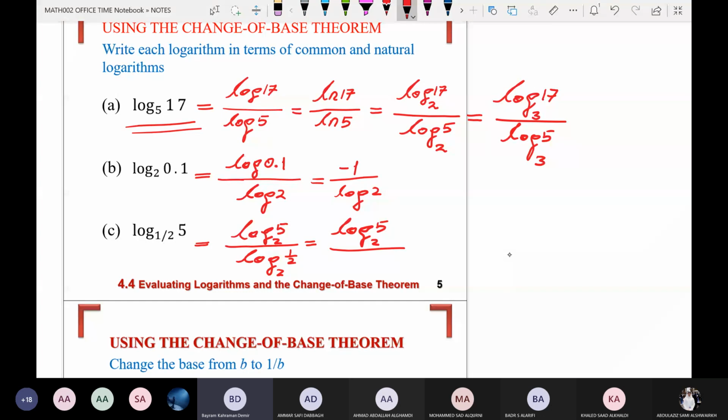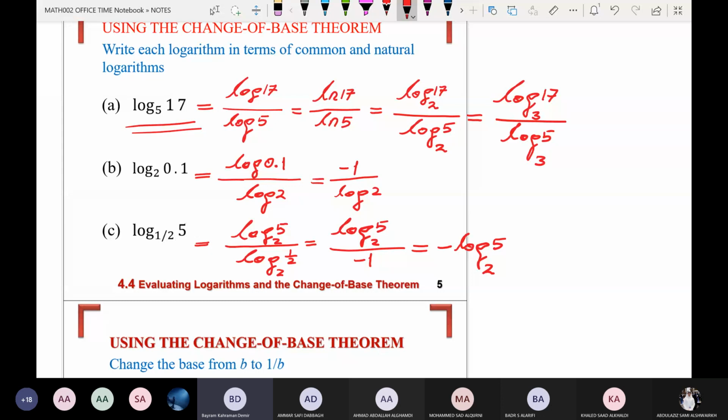How much is that, Shabab? -1. Yes, -1. Well, dividing by -1 means just multiply, right, like this. Perfect, yes. Logarithm of 5 base 2.